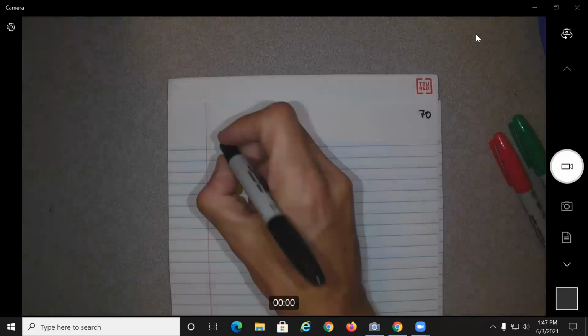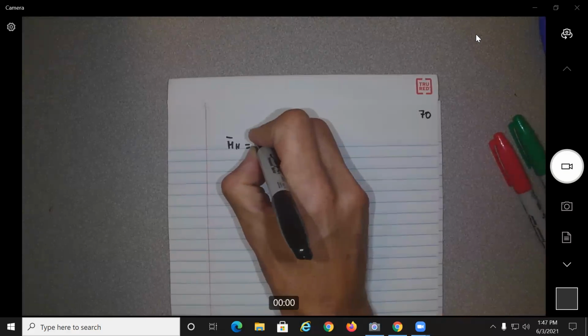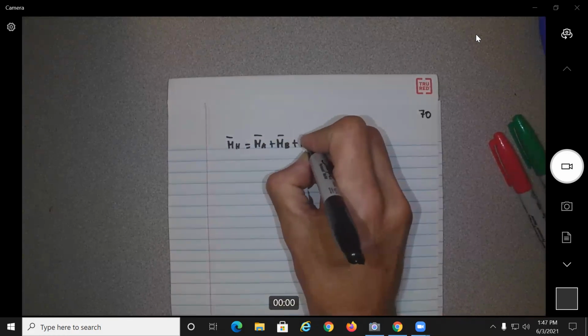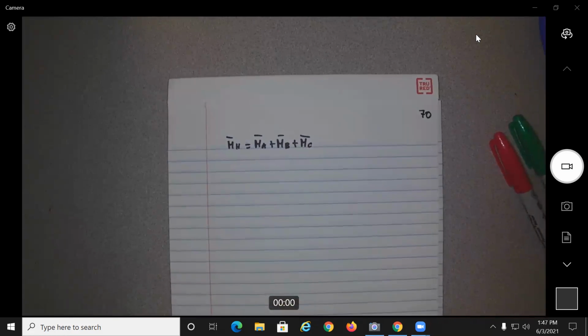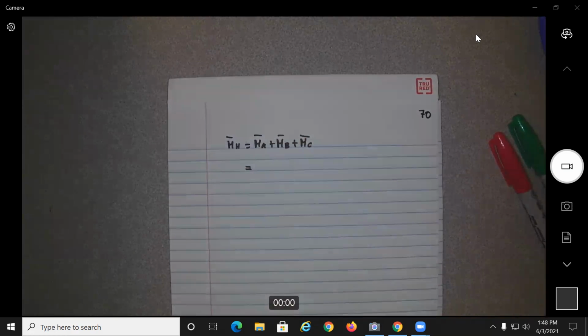All right, so the moment would be equal to m sub A plus m sub B plus m sub C. We do the same thing. So in this case, we knew that m sub B is equal to 0. So I'm going to write it.